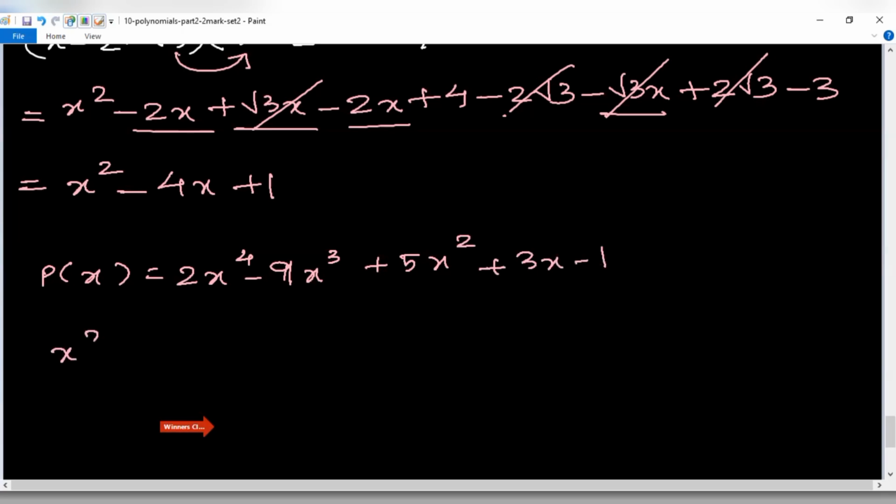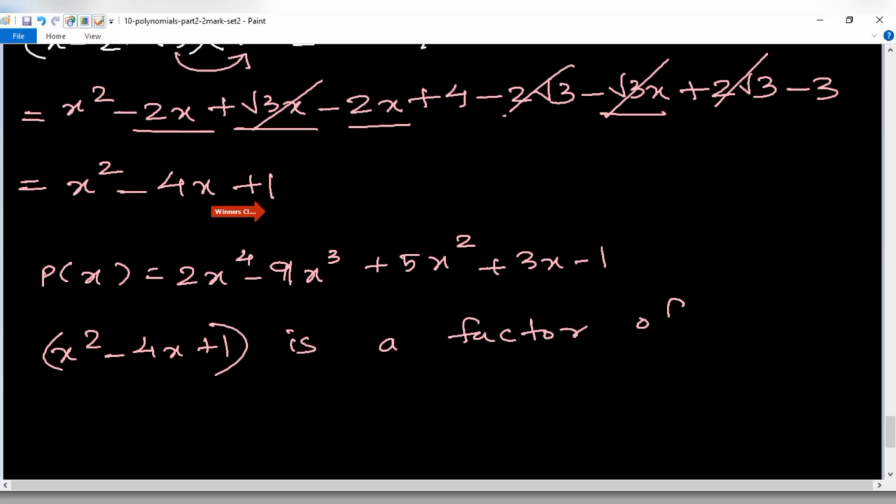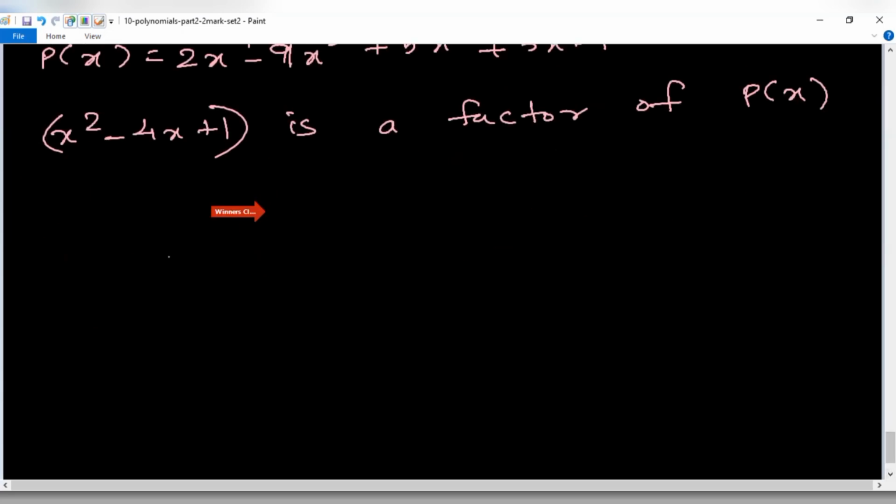And now x square minus 4x plus 1 is a factor of p of x.